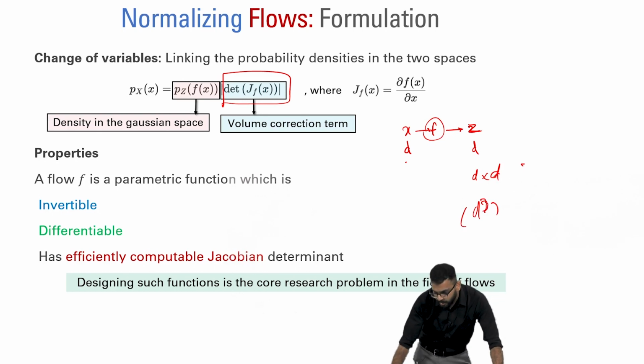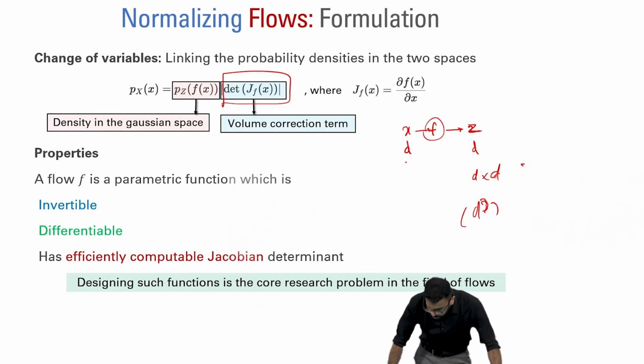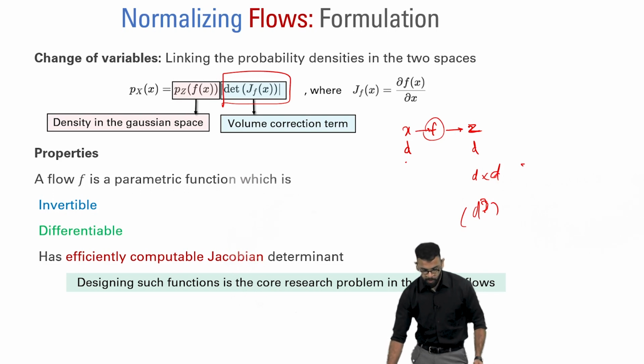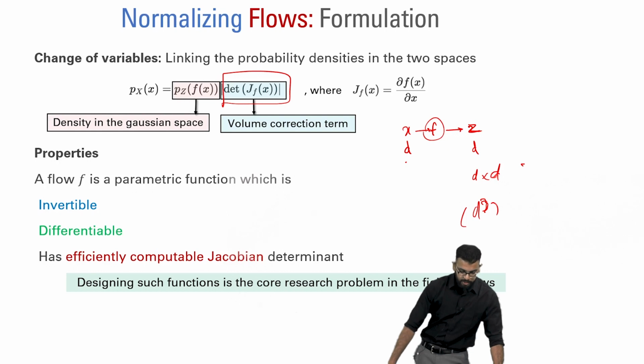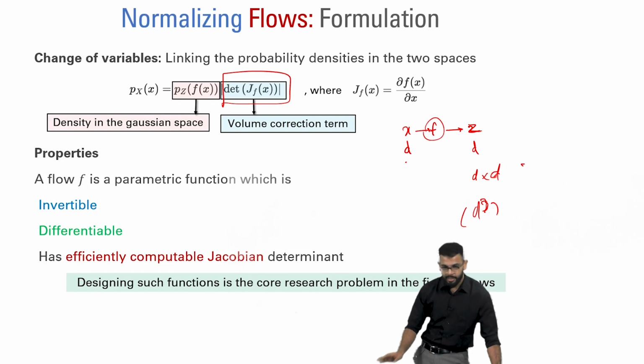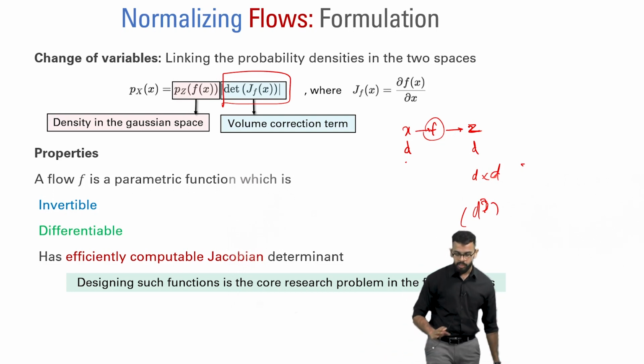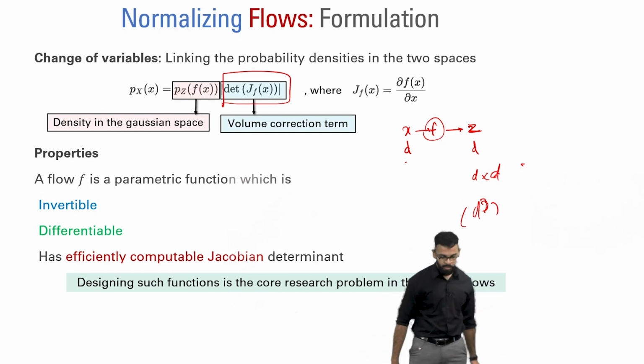And if you have high-dimensional data, like images with 1 million pixels, this blows up very fast. You cannot do these computations very easily. So you need to design transformations that have these three properties: they should be invertible, they should be differentiable, and you should show that their Jacobian determinants are easily computable. Designing such functions is really the core research problem in the field of normalizing flows.